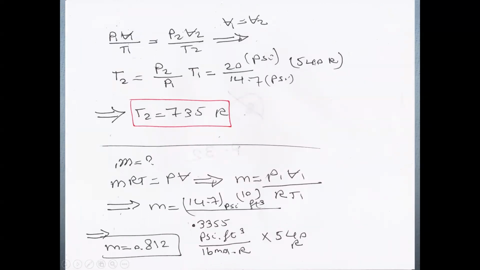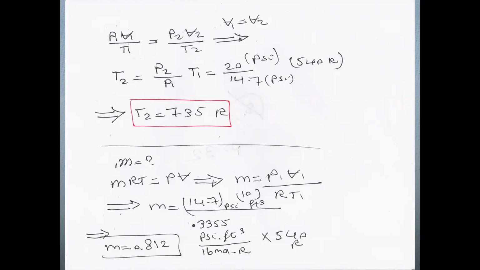So it is Fahrenheit; you have to add 460 to convert it to Rankine. But for pressure, you don't have to convert to absolute because it's a ratio. We need the ratio: 220, which is P2, over 14.7, which is P1. So just plug in and you can calculate T2 at 735 Rankine.